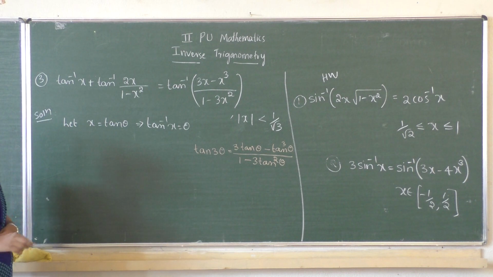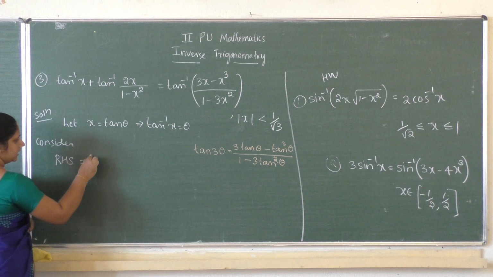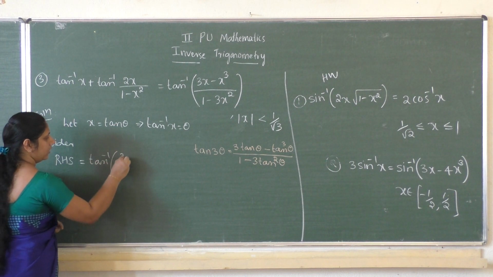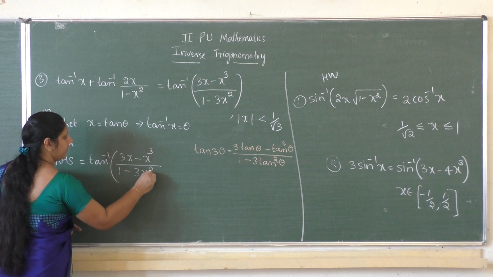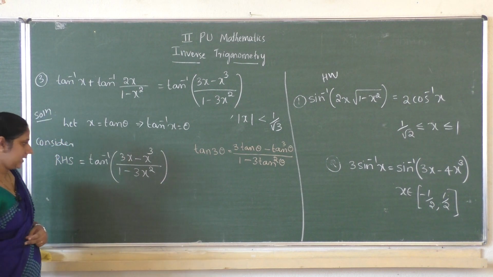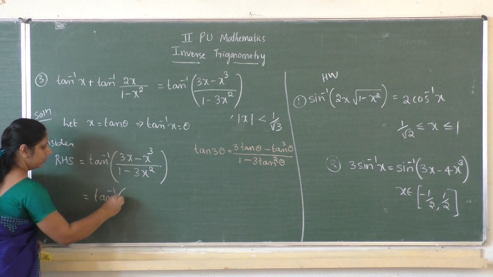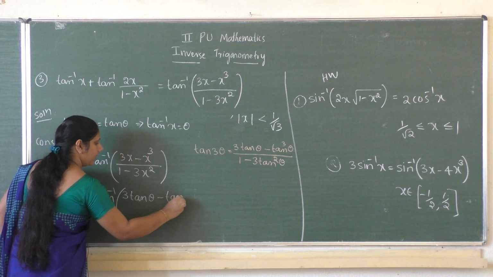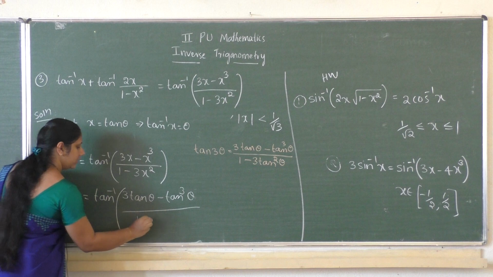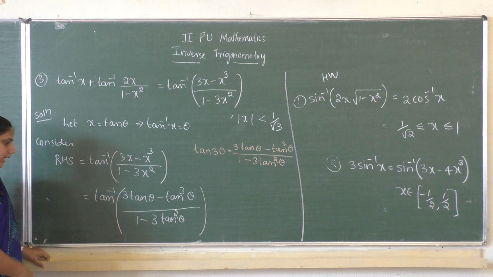Now I will consider the right hand side. What is RHS? It is tan inverse of 3x minus x cube divided by 1 minus 3x square. So in the place of x we have to take tan theta. So it becomes 3 tan theta minus tan cube theta divided by 1 minus 3 tan square theta.